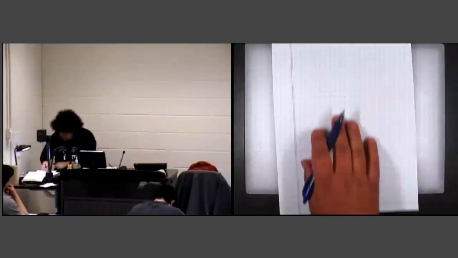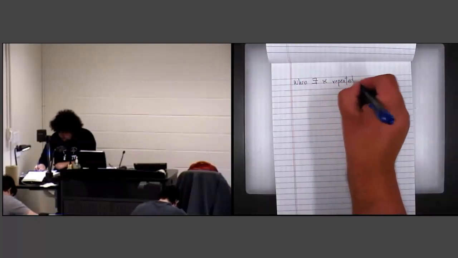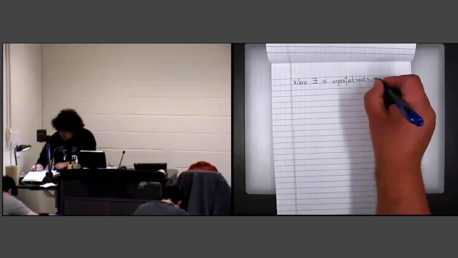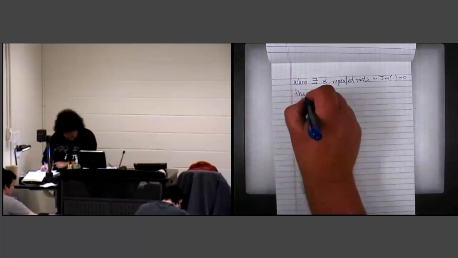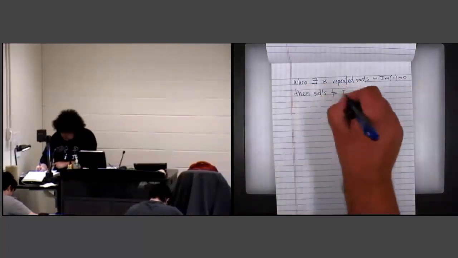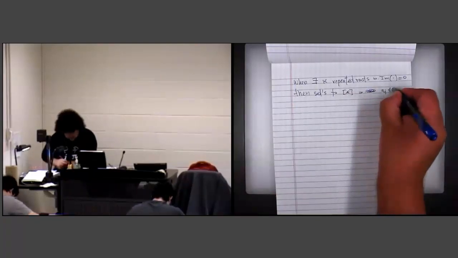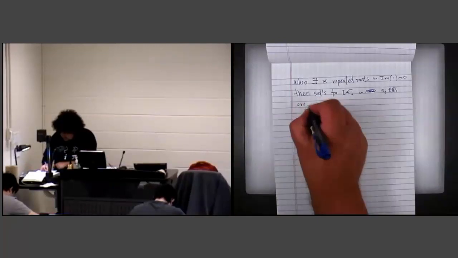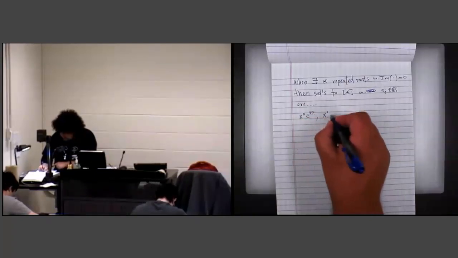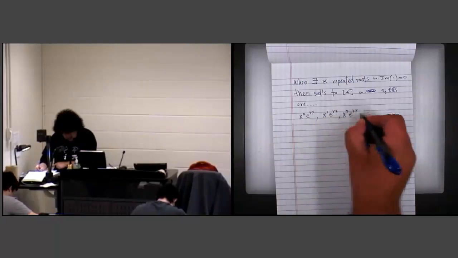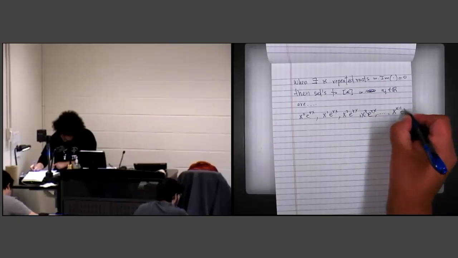When there are k repeated roots, meaning k with imaginary part equal to 0, so k repeated real roots, then solutions to that homogeneous problem with constant coefficients a sub j are things that look like this: x to the 0 e to the rx, x to the 1 e to the rx, x squared e to the rx, x cubed e to the rx, all the way through x to the power k minus 1 e to the rx.